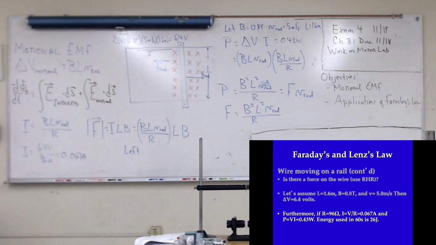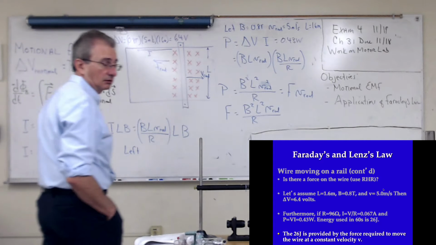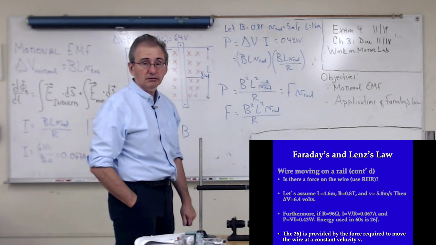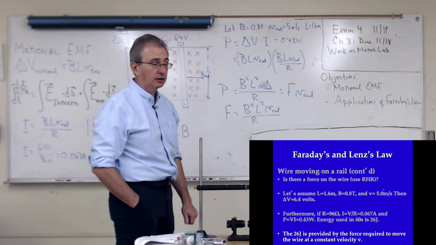That energy came from the kinetic energy of the rod. So the rod loses a kinetic energy of 26 joules. Okay, thank you.